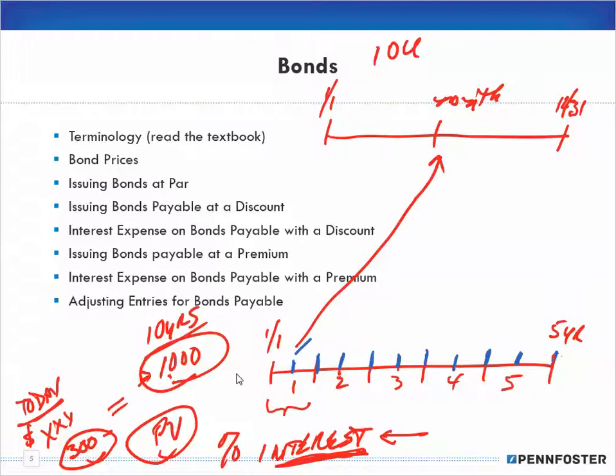You're looking at things like par and discounts and premiums and interest and making entries and time frames and all of this kind of stuff. But the reality is they're not that difficult if you understand the underlying structure. That's what I'm going to try to go through and present slowly.